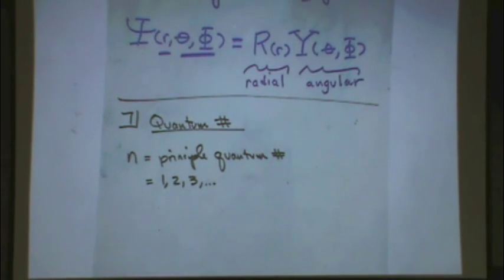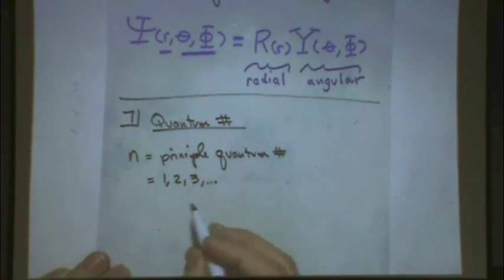So as n increases, 2 things will increase, the size and the energy. So n represents size and energy. By the way, if you're wondering where we are in the textbook, on the reader, we're on page 67. The textbook, we're on 273. All right, so n represents size and energy. It's called the principal quantum number, and it's a counting number.